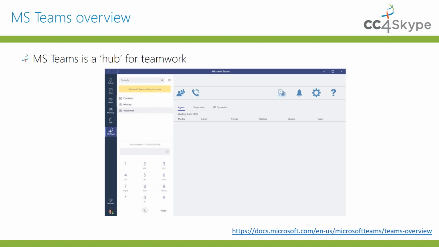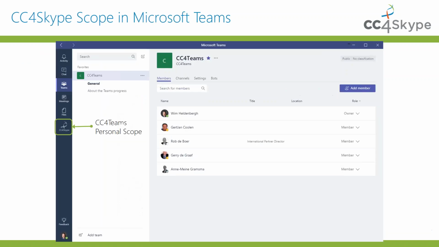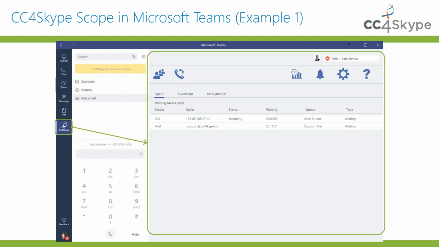One of the examples of an application we thought about is having an application in the sidebar of Microsoft Teams, a CC4Teams personal scope, where incoming calls for the agents come in.